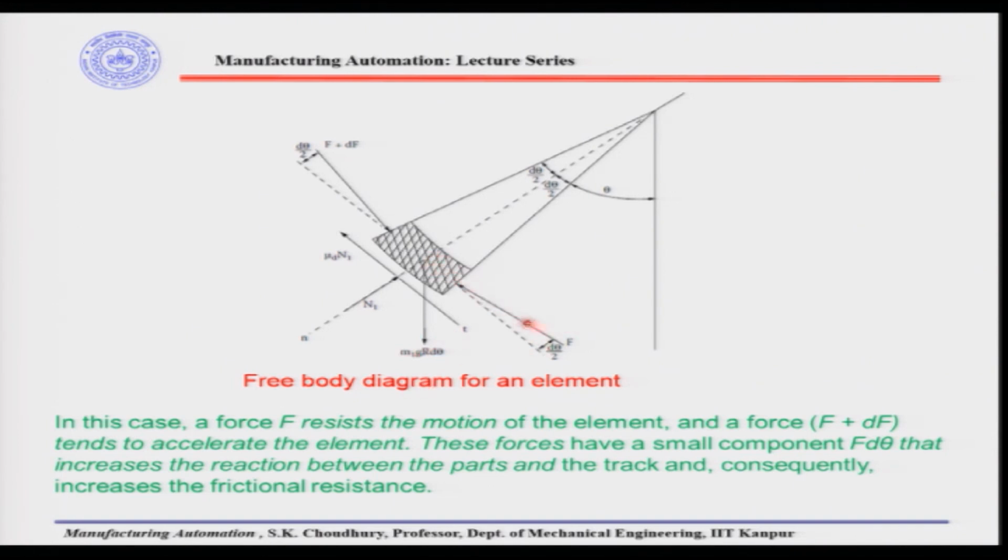Here we will have two forces, F and F plus d F, on this small element. They act at an angle of d theta by 2, as we said, and here it is F and its increment, so F plus d F. Now, in this case, force F resists the motion of the element, and force F plus d F tends to accelerate the element, because we have selected that element.